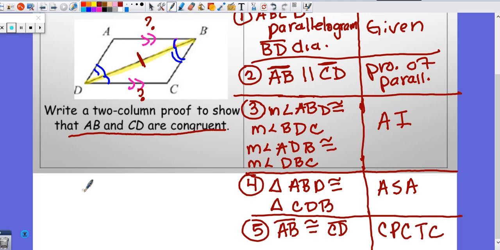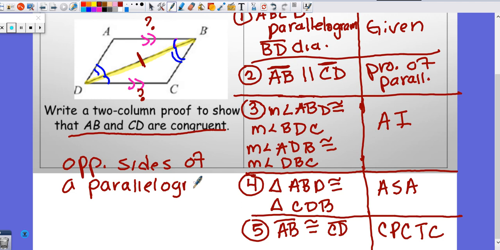And we're done. We just proved that opposite sides of a parallelogram are congruent. And we're finished.